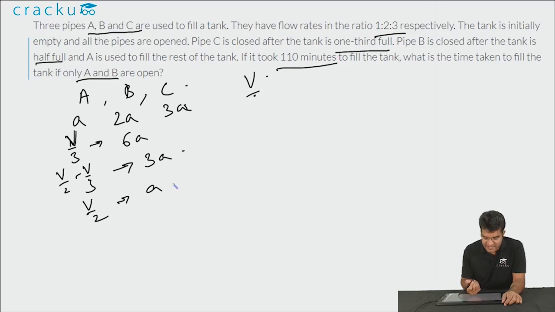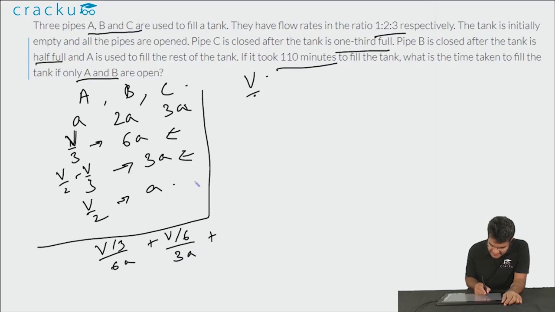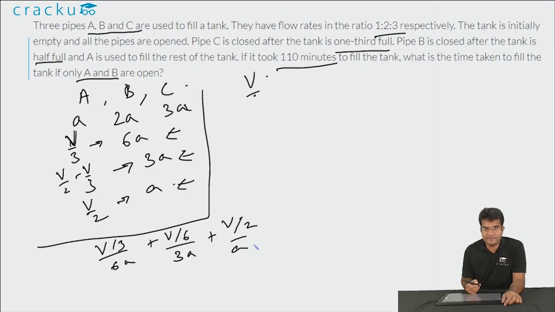Therefore, the total time taken will equal V by 3 by 6A. This is the first 1/3. After that, for V by 6, that is the second part, plus V by 6 by 3A. And for the third part, this one, V by 2 by A. This is the total time taken and this equals 110.